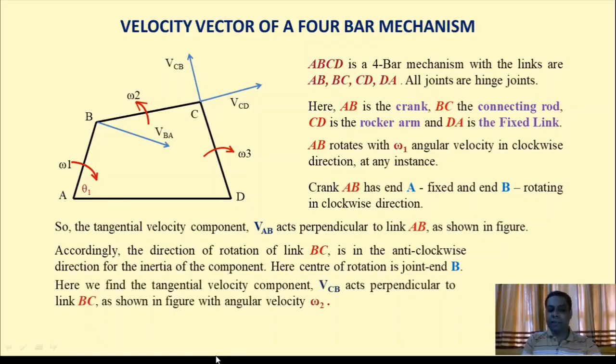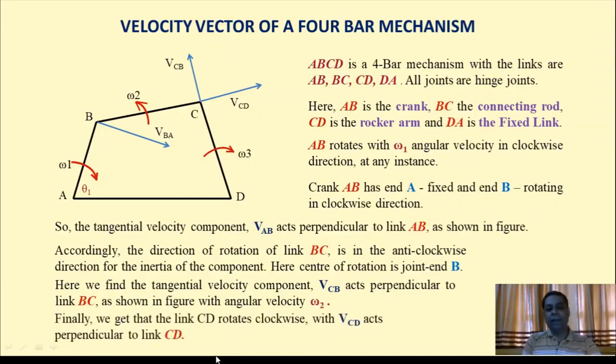The tangential velocity component VCB acts perpendicular to link BC as shown in the figure, with angular velocity omega 2. Finally, link CD rotates in the clockwise direction with VCD acting perpendicular to link CD, and the angular velocity is omega 3.